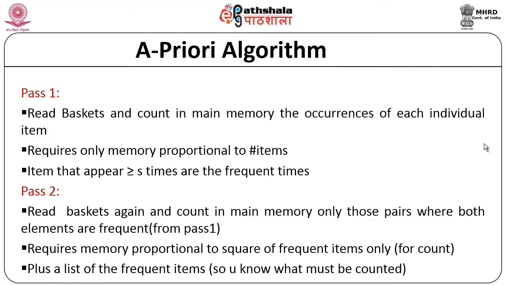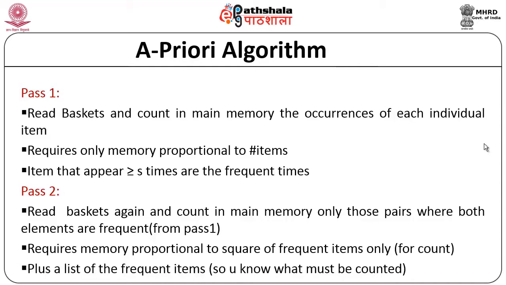Now let us take the a-priori algorithm and understand how the issues or challenges may be overcome. A-priori algorithm, as already discussed, will happen in 2 phases or 2 passes. Pass 1, you are going to read the baskets and count in the main memory the occurrence of each of the respective items.